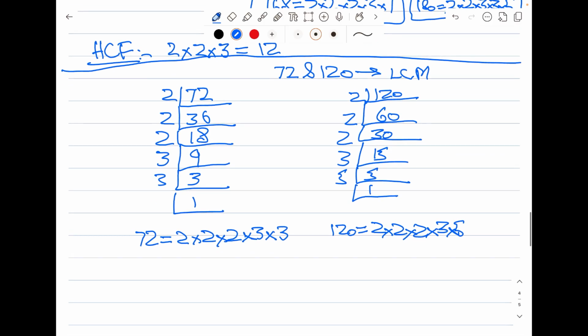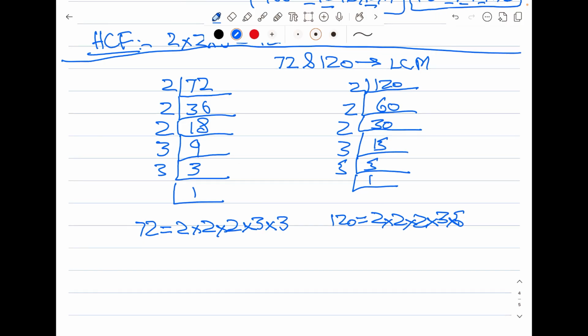All right. So this time around, we're going to look at both the prime factorizations and identify the common prime factors. So we have 2 over here, and 3. And then we're going to include the largest power, which means the largest set of the common factors.